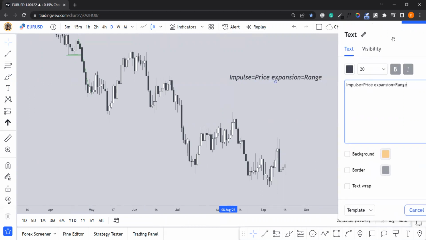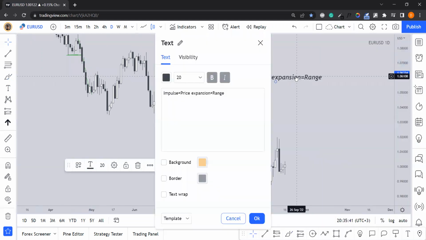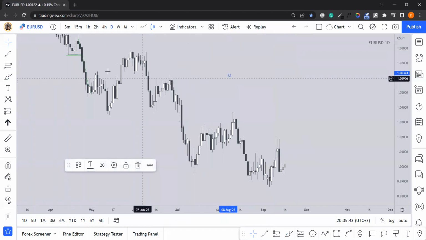So when I say impulse or price expansion or range, this is all the same thing, okay? So we have this range, and now when the candle will close above the previous candle, we can say that our pullback started, okay?